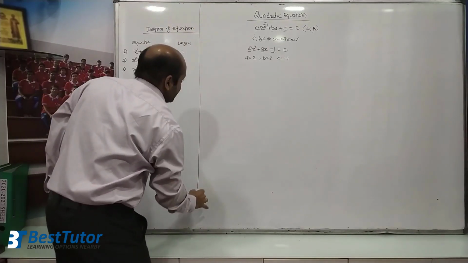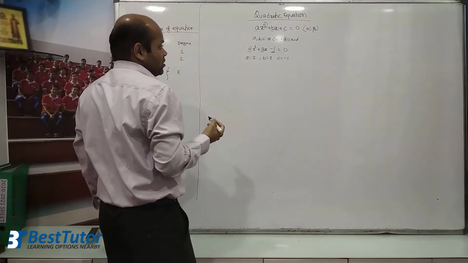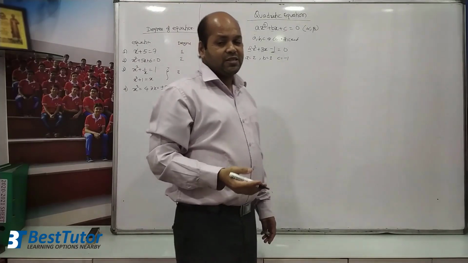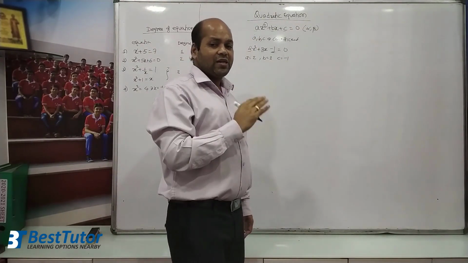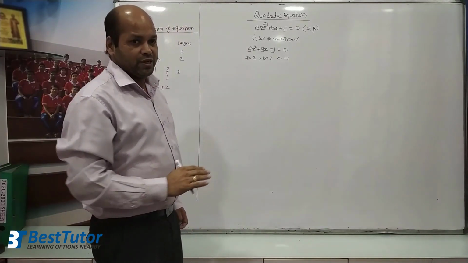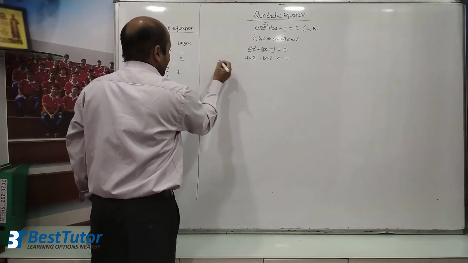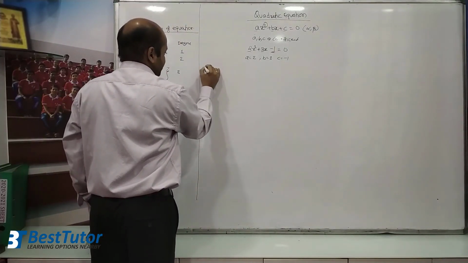Now, what is a quadratic equation? First, I will tell you the basic concepts of how a quadratic equation is, and then we'll look at how to solve quadratic equations. First, let's understand what a quadratic equation is.